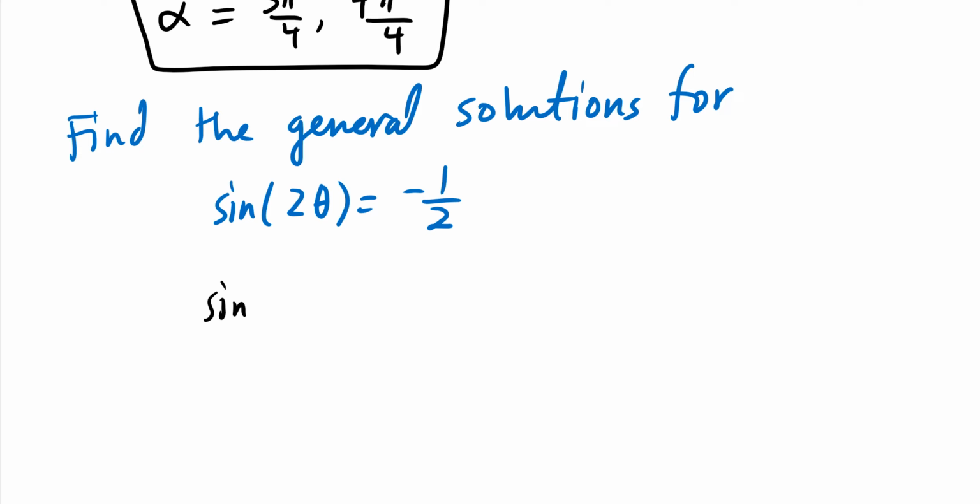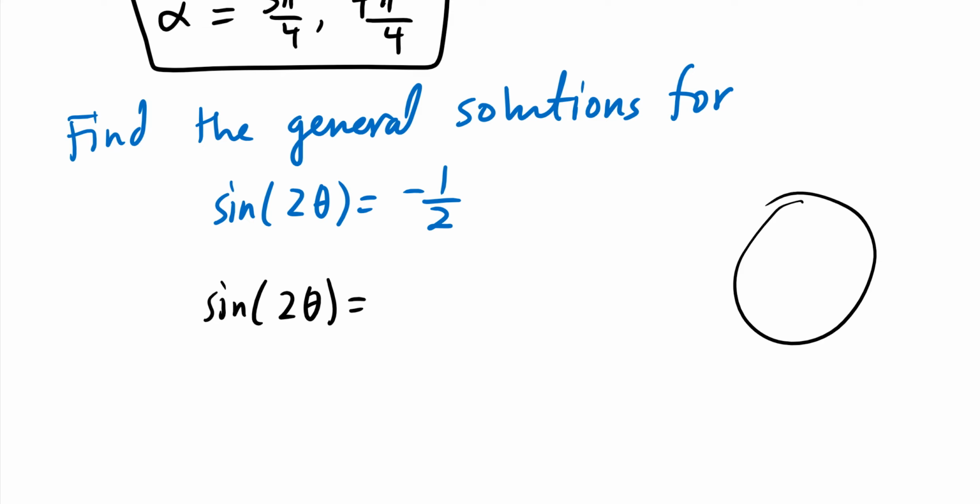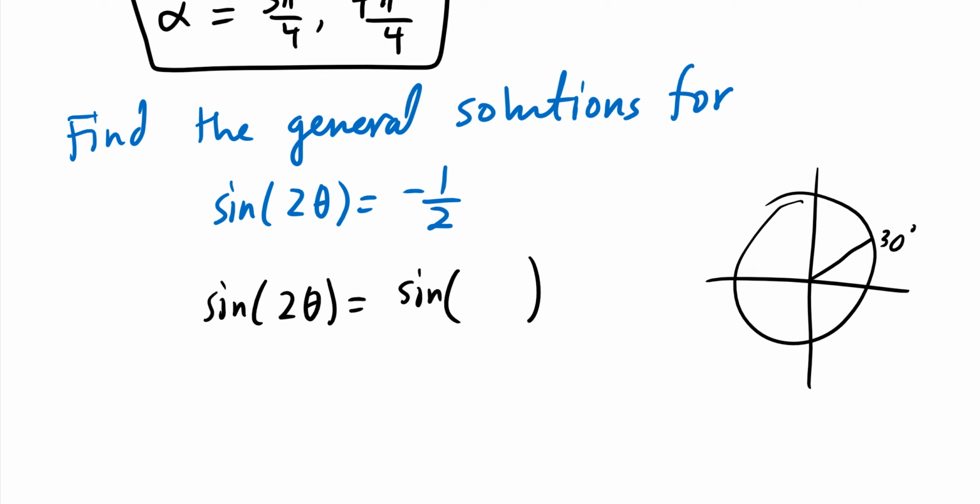So let's see, sine 2 theta. I always think about it as +1/2. +1/2 would be 30 degrees. But since it's negative, it's not going to be in the first quadrant, neither in the second quadrant. So it's going to be here somewhere. It's going to be 30 degrees or pi over 6 radians plus pi. So pi plus pi over 6, that's 7 pi over 6.